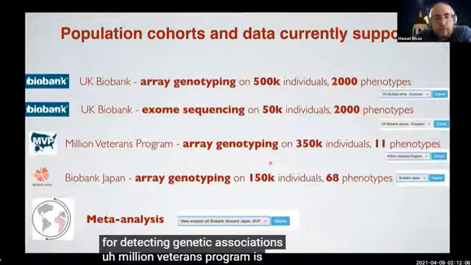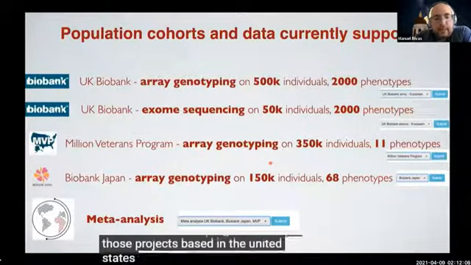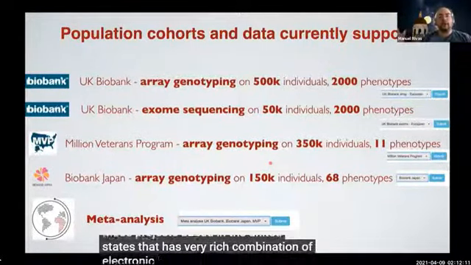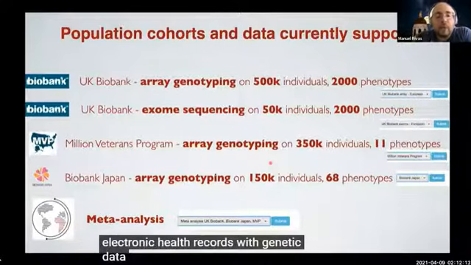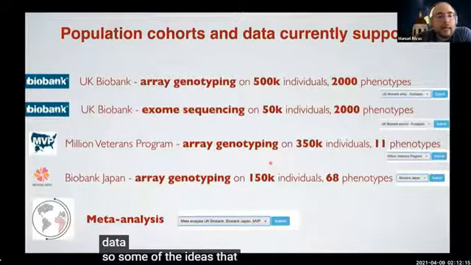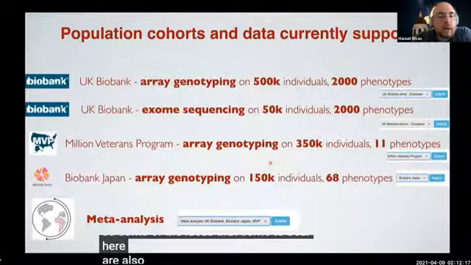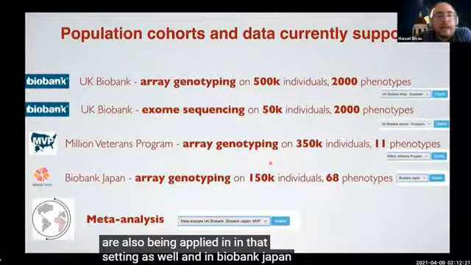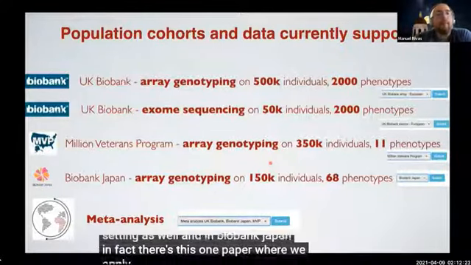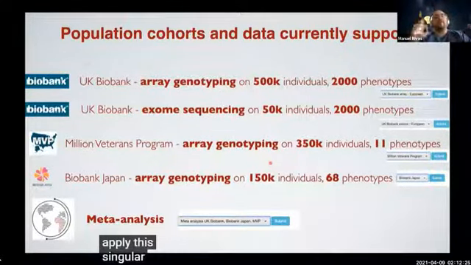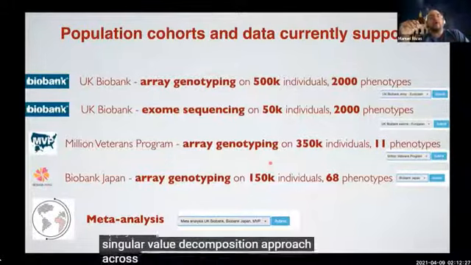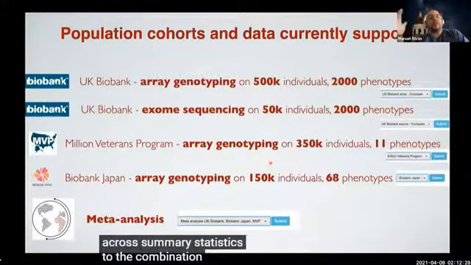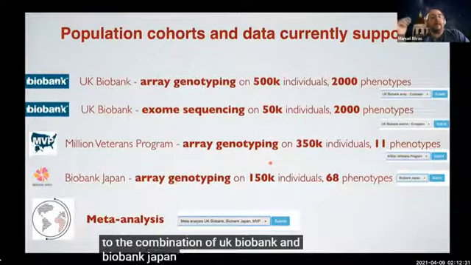Million Veterans Program is one of those projects based in the United States that has very rich combination of electronic health records with genetic data. So some of the ideas that come to bear here are also being applied in that setting as well, and in Biobank Japan. In fact, there's this one paper where we applied this singular value decomposition approach across summary statistics to the combination of UK Biobank and Biobank Japan summary statistics.